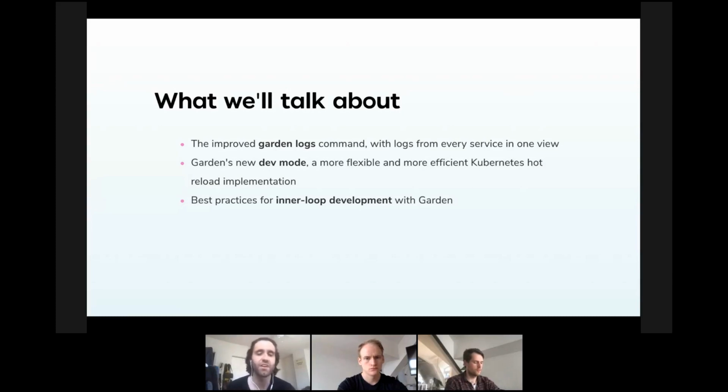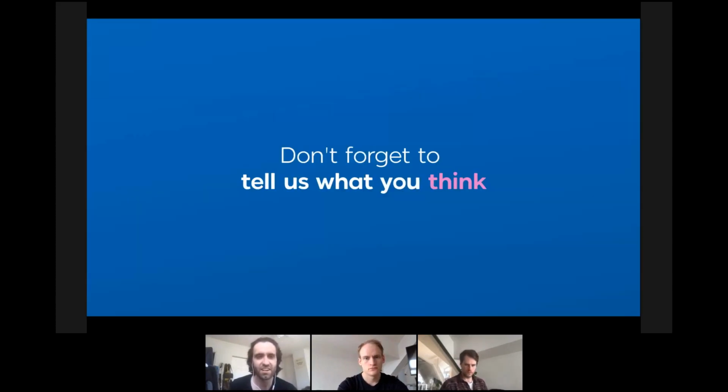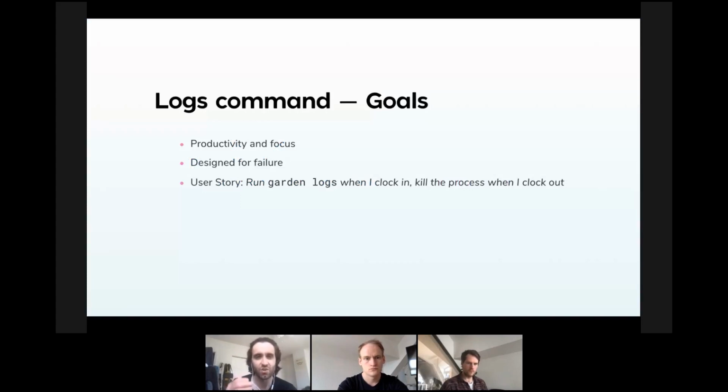So how you can make developers as effective as possible and happy as possible on a day-to-day basis, keep them moving fast and not having to deal with complexity. And again, questions, feedback, comments, welcome throughout. And going to hand it over now to Eythor and Thor to start talking more about the logs command.